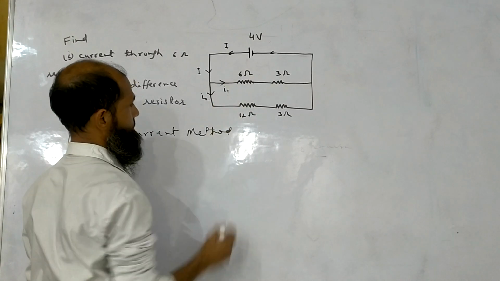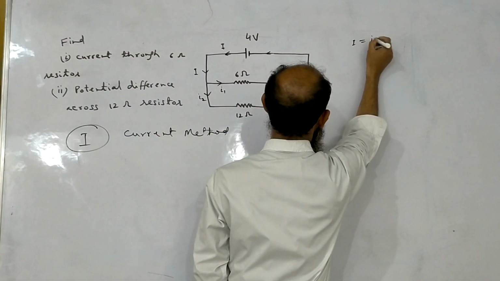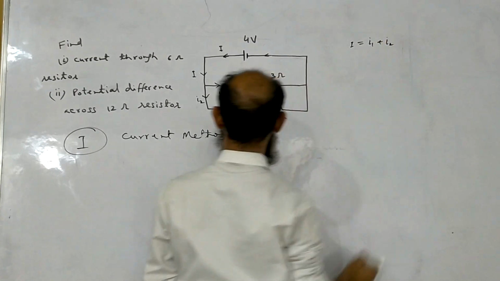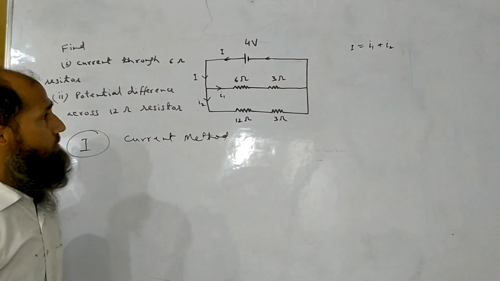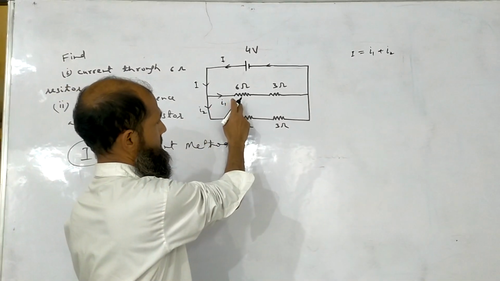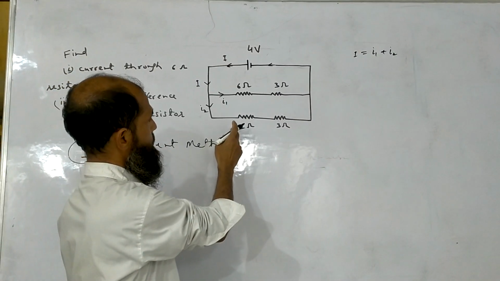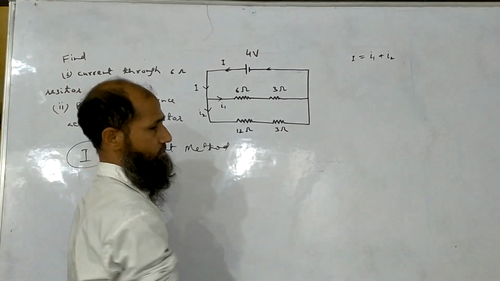And so of course I will be equal to I1 plus I2. Now see, I1 current passes through this resistor as well as this resistor, and I2 current passes through this resistor and this resistor.